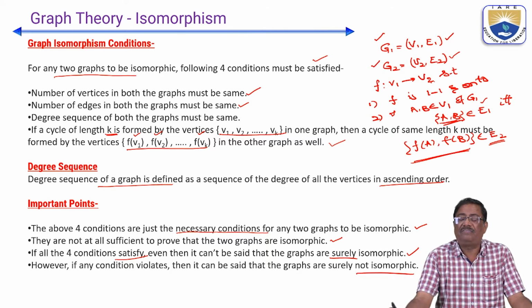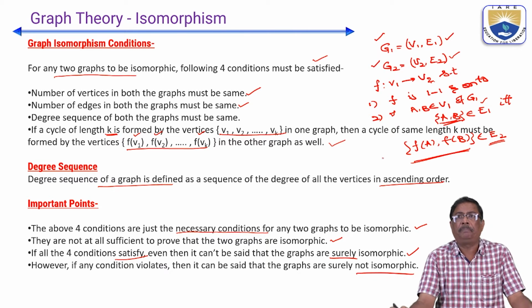Mathematically we are saying this, or equivalently we can say that the number of vertices in both graphs must be same, the number of edges must be same, and the degree sequence must be the same.